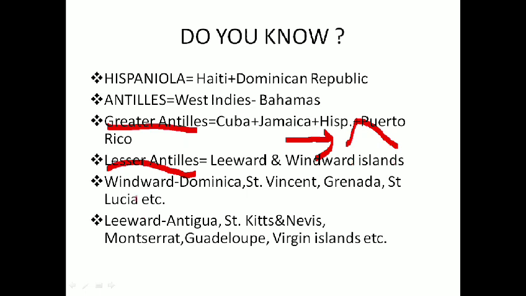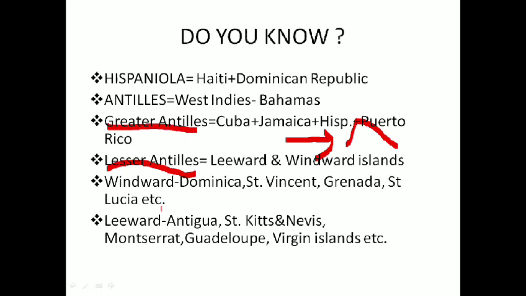Now the windward Antilles constitute Dominica. Don't get confused with Dominican Republic, that is separate. Dominica is separate, Grenada is separate, and Canada is separate. So windward countries comprise Dominica, Saint Vincent, Grenada, and Saint Lucia.